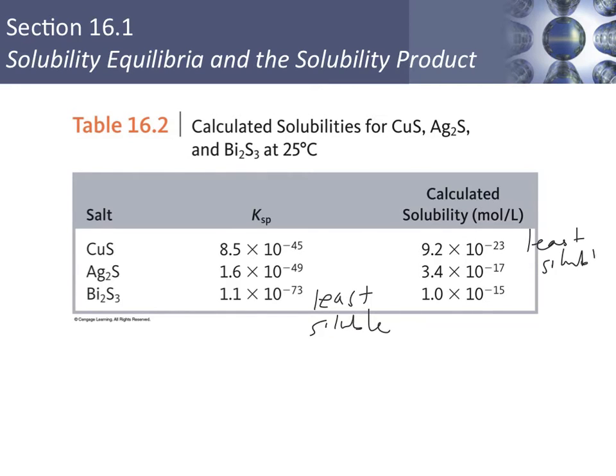And that's because these compounds have different numbers of ions. Here we have a 1-to-1 ratio in our ions, a 2-to-1 ratio, and a 2-to-3 ratio for our ions. So we cannot compare Ksp values directly if we have different numbers of ions in our salts. So this is not true.